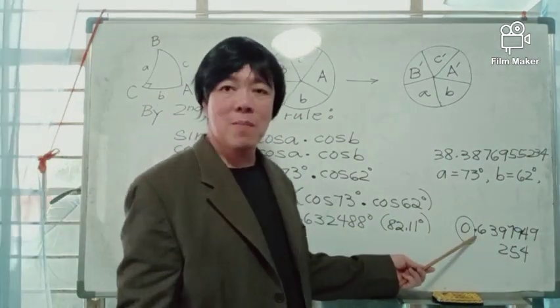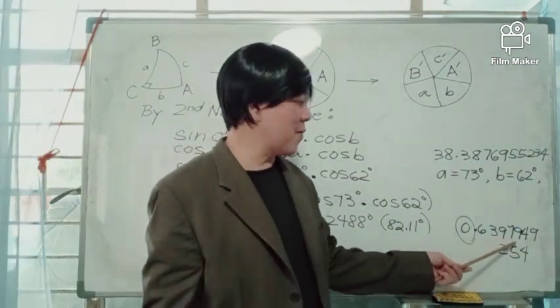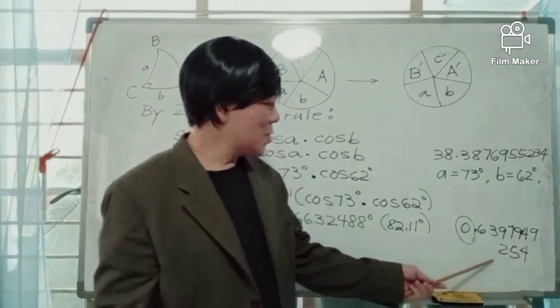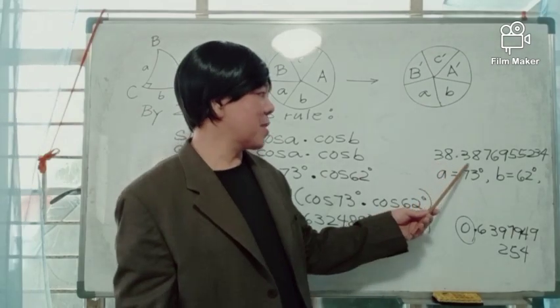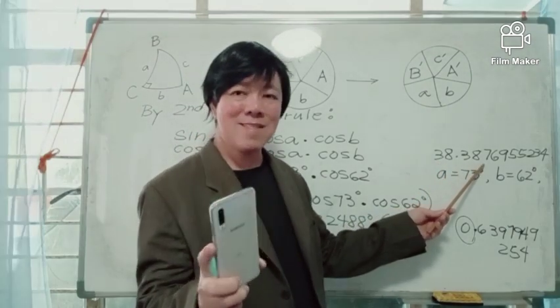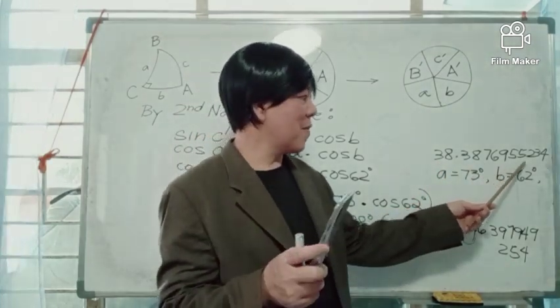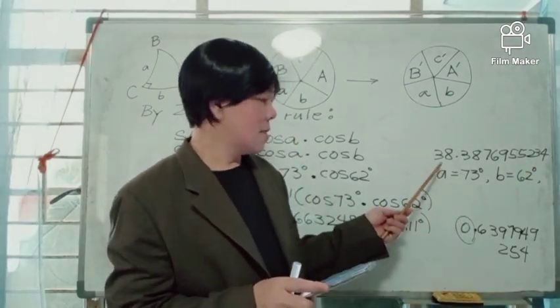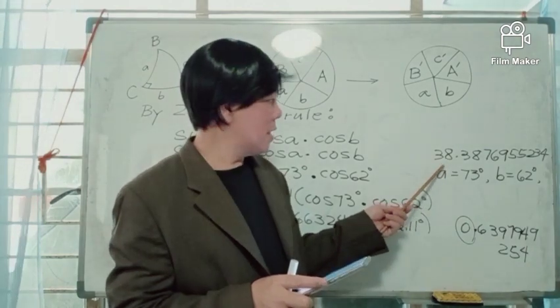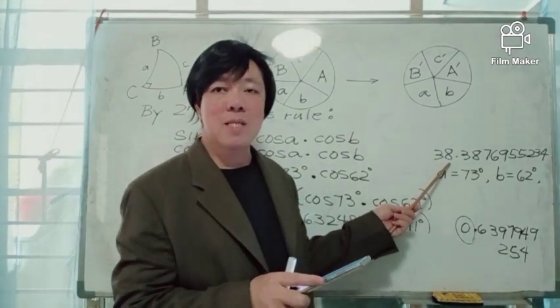Multiplying this decimal number 0.6397949254 by 60, you should get 38.3876955234 seconds. Now you round this up to 2 decimal places.